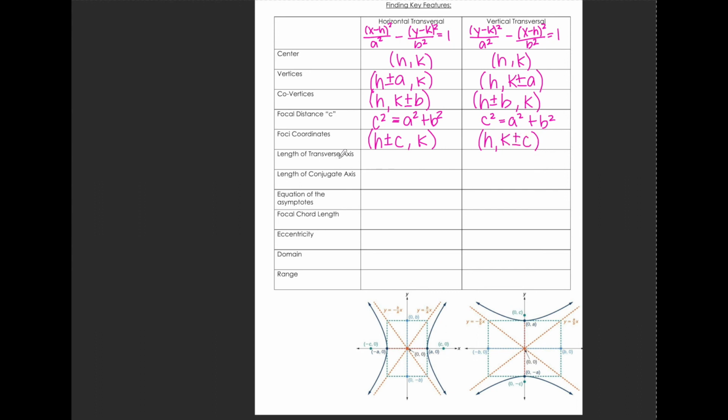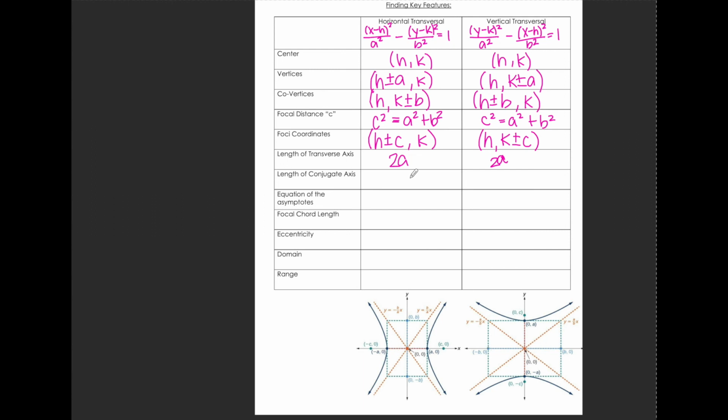The transverse axis in a horizontal hyperbola goes horizontally, and in the vertical hyperbola goes vertically. So in both instances, the length of that transverse axis is 2a. The conjugate axis is going to go vertically for the horizontal and horizontally for the vertical.